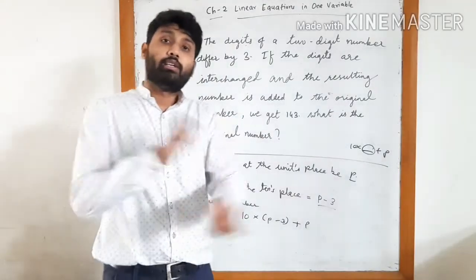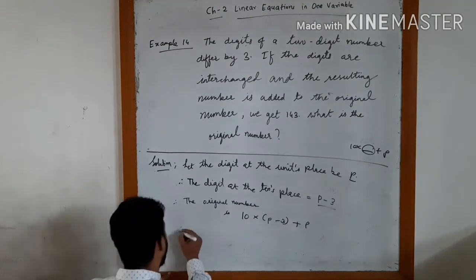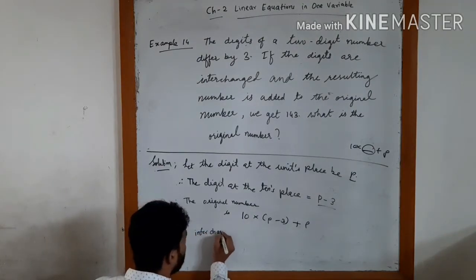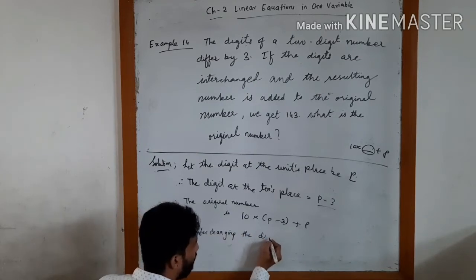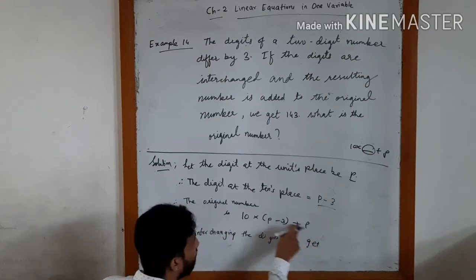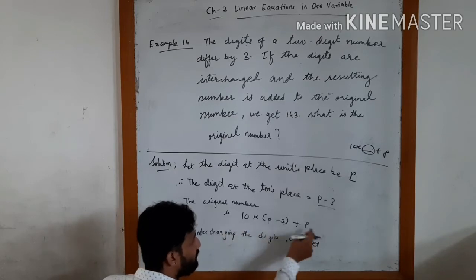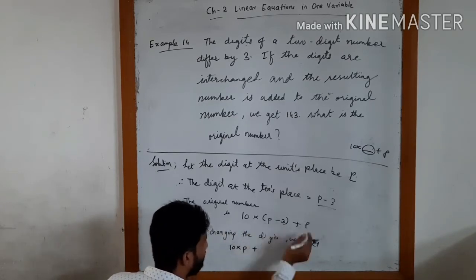Now we have to interchange the digits. What will happen? On interchanging the digits, we get P at the tens place and P minus 3 at the units place. So we get 10 into P plus P minus 3, as this comes here.